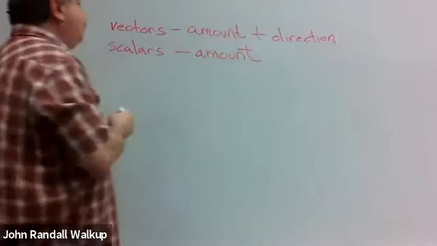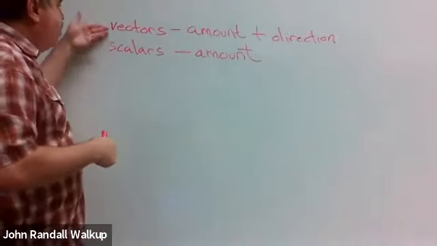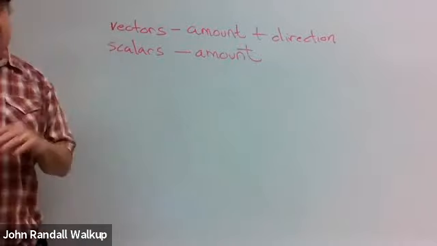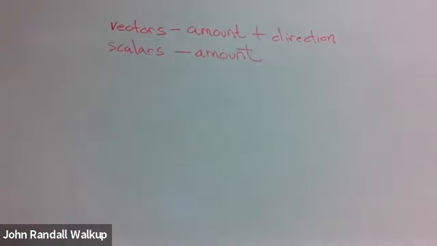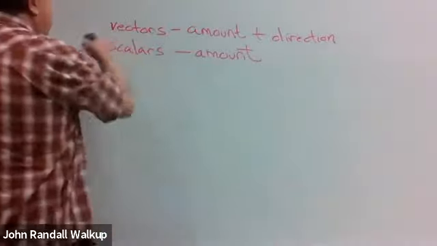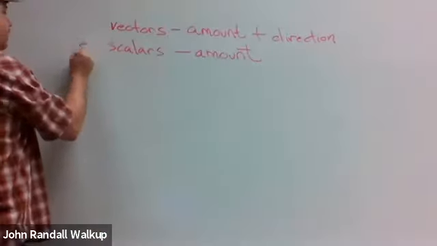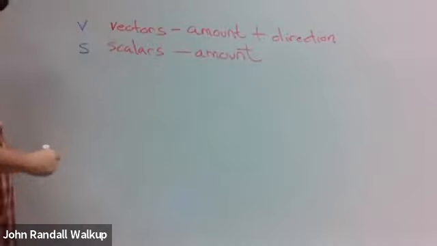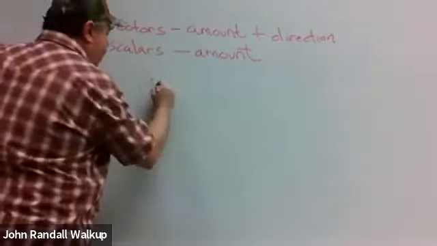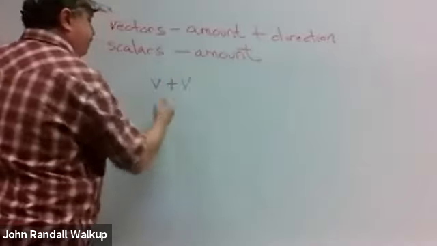And so an algebra basically asks, how do you combine these things? So I'm going to lay out the general rules. We're going to represent a scalar with S and a vector with B. And so what we'd like to know is, what about a vector added to a vector?